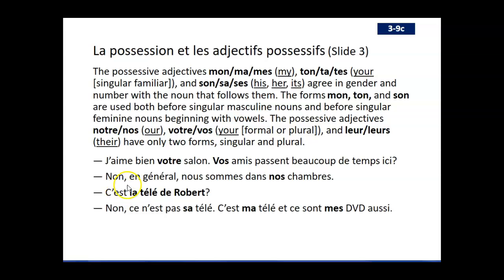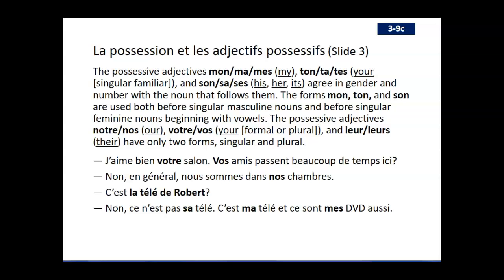Okay, non, en général, nous sommes dans nos chambres. So no, generally, usually, we are in our rooms. So rooms is plural, it's more than one. So I wouldn't use notre here, that would be for a singular noun, like notre chambre.